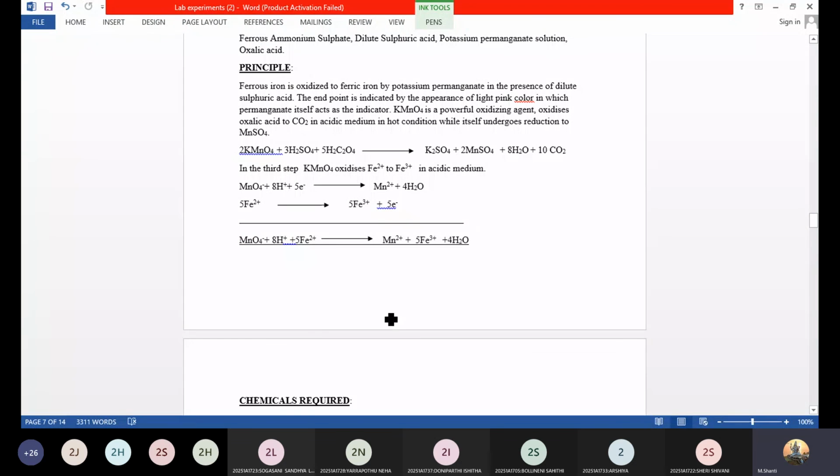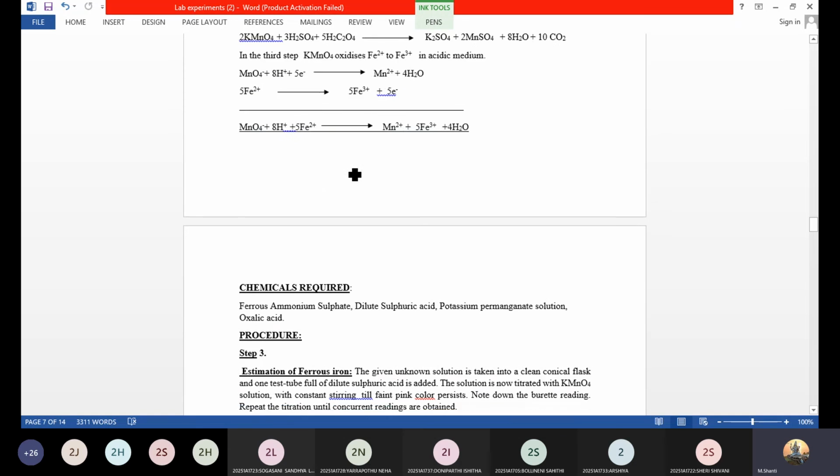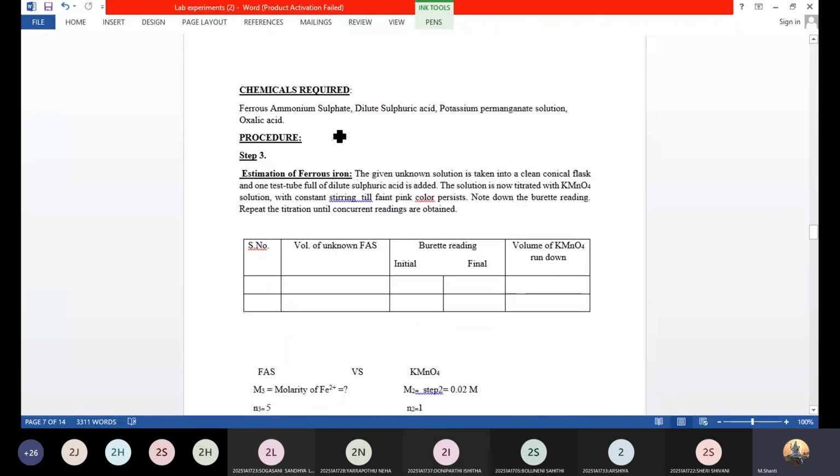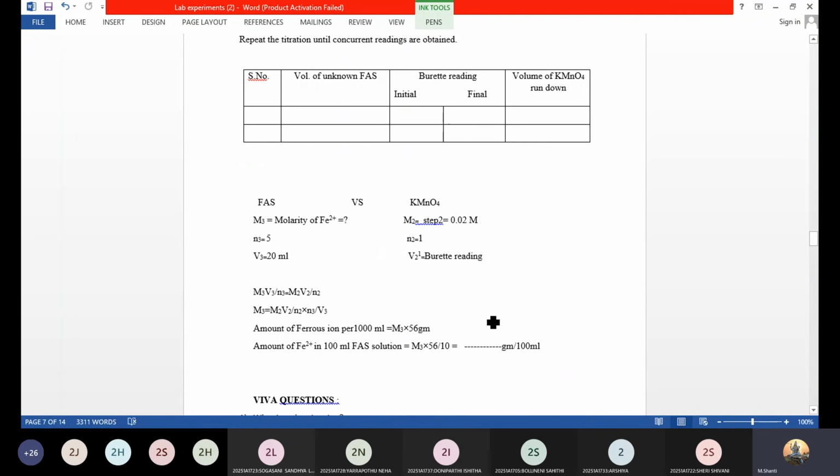Another important thing: whenever you have equations like this, you can write them on the left hand side. Then chemicals required, procedure, put the title here, estimation of ferrous ion, draw the tabular column followed by calculations on the left hand side.